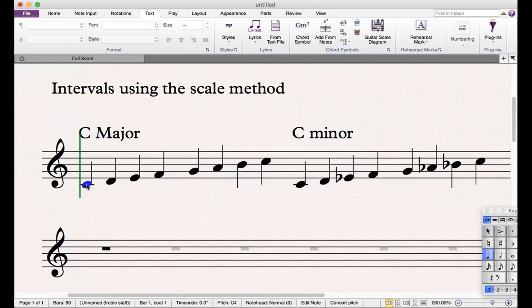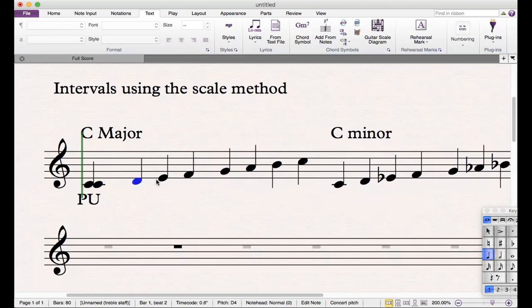So from scale degree 1 to scale degree 1, okay, this would be called a perfect unison. So let's say I sang C and you sang the exact same C, right? That would be a unison. Choirs do it all the time. Let's say the sopranos sing together the same note, that's a unison.